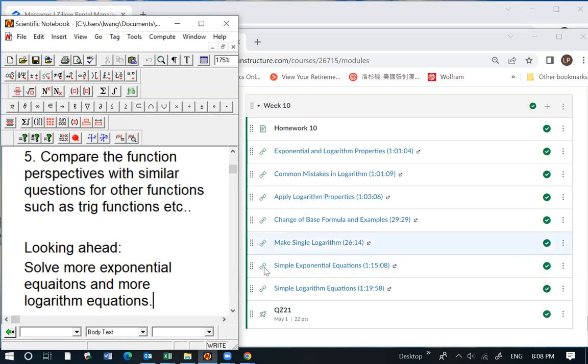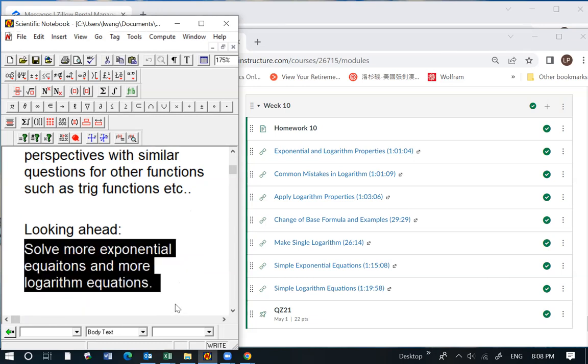So you can see it's very important you know how to solve simple exponential equations and simple logarithm equations before we can solve more exponential or logarithm equations, because those other ones we are about to solve in the next two weeks are going to be a little bit more complicated. But they are mostly academic questions.